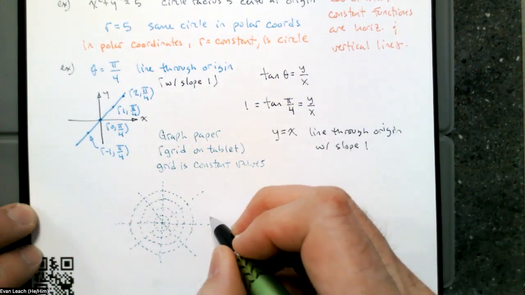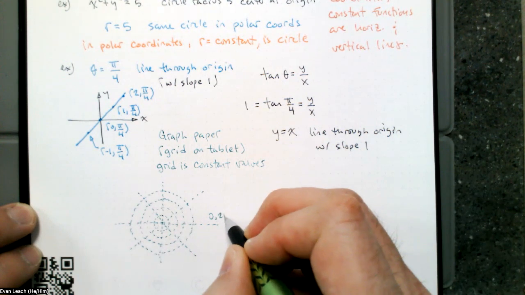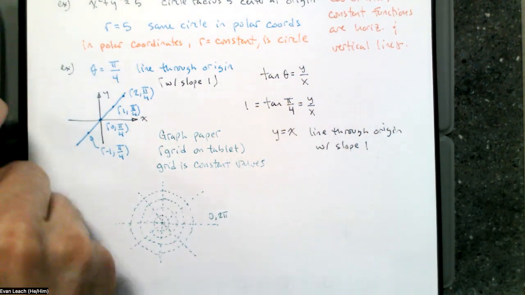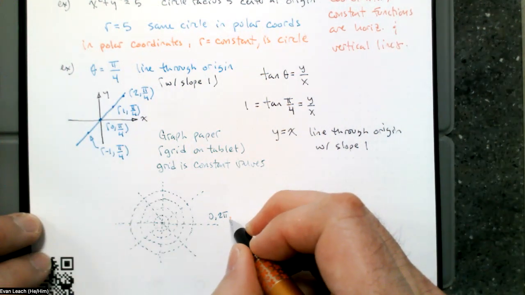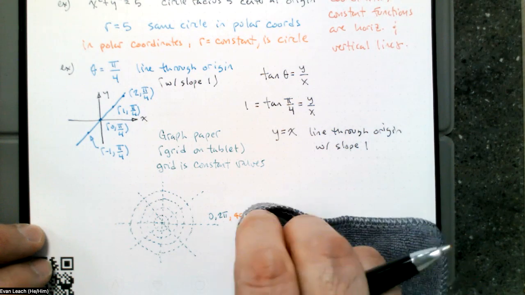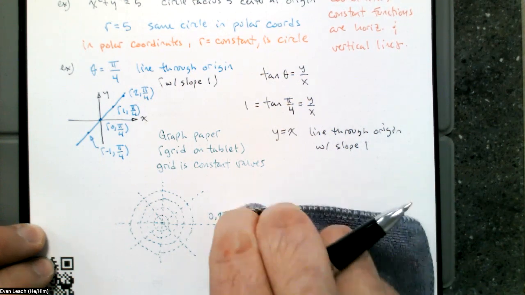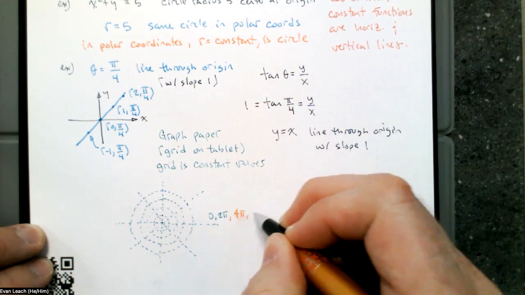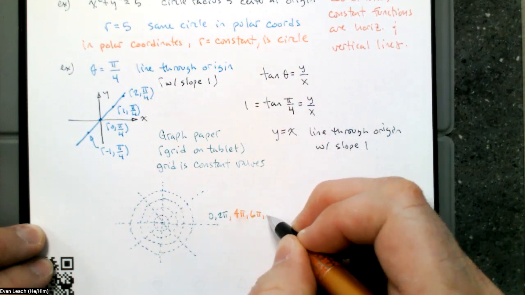Because here's where 0 is, but it's also where 2 pi is. So that means it's also where 4 pi is. I spelled 4 pi wrong. Ugh, what an awful way to spell 4 pi. And also 6 pi, and so on.